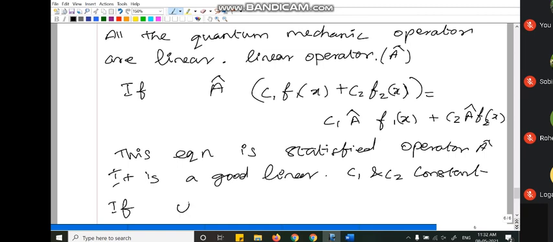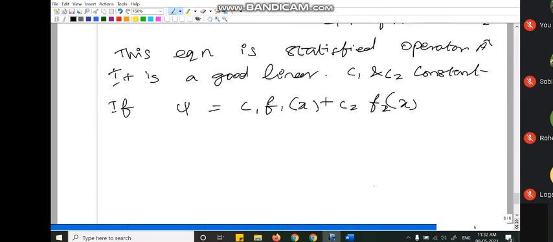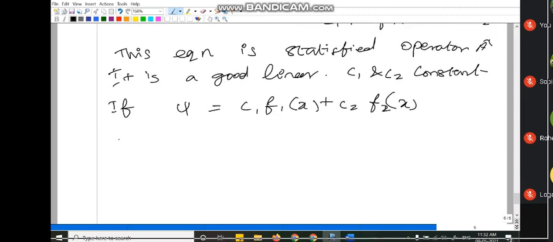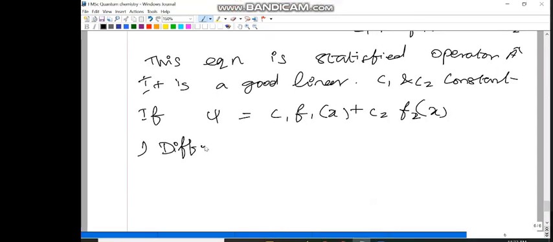We can write psi is equal to C1 f1 of x plus C2 f2 of x. And see some operator according to the psi. First one is if you take a differential operator.